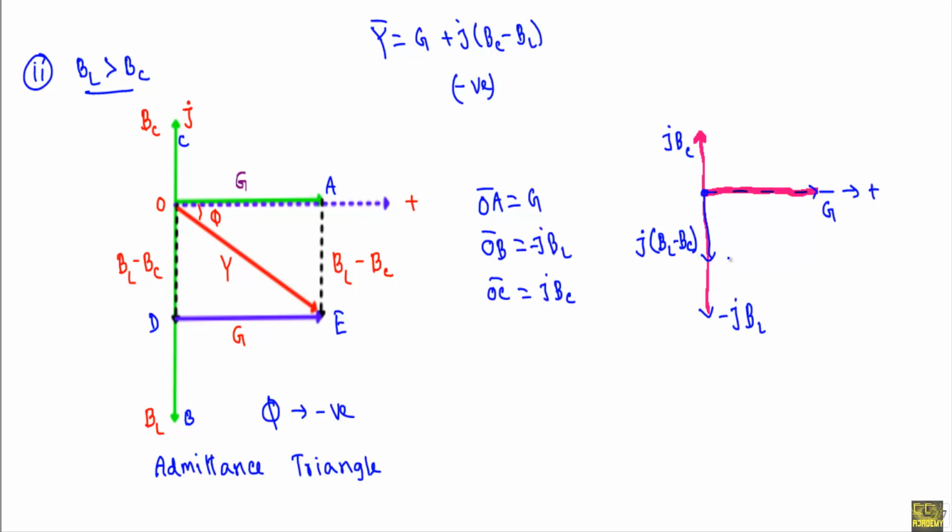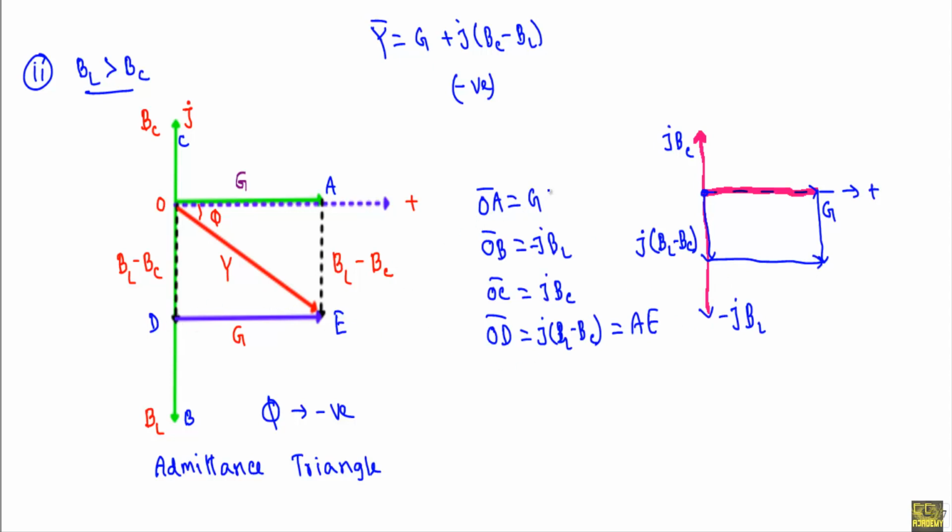Okay, so to draw a parallelogram, from the neat sketch you will see I indicated that with OD equal to J BL minus BC. I can draw an equal vector of this one, that will be AE. This AE will be equal to OD. I can draw another equal vector from this point, that will be equal to DE.